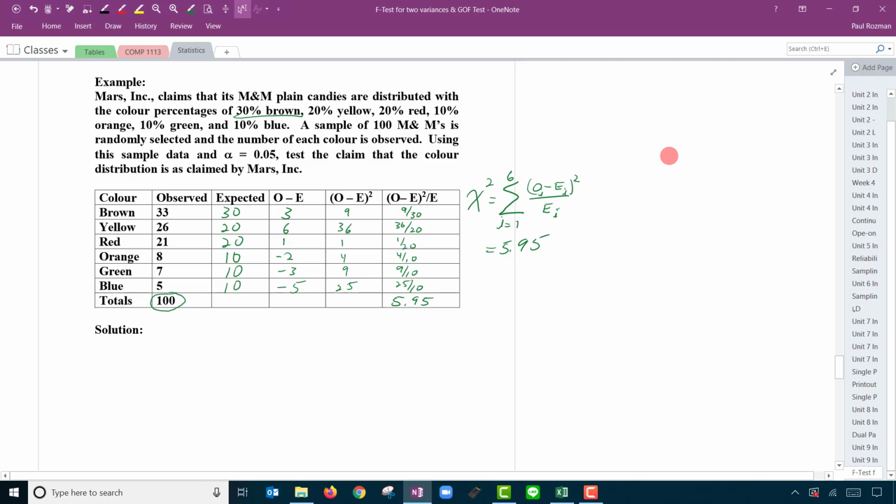There must be a claim somewhere. Oh, they are claiming that these are the breakdowns for each color. So that's our claim.